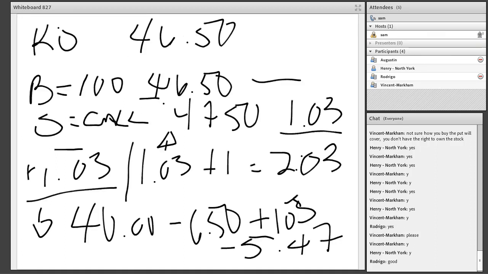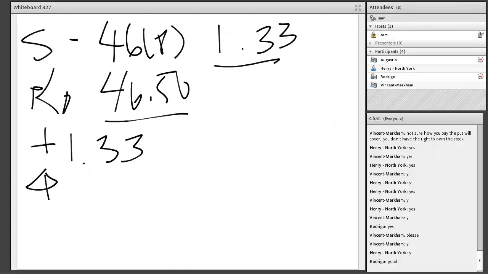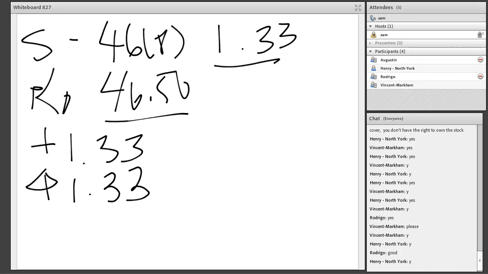If the stock goes up to 47, just like the previous scenario, where we said if it goes up to 47.50, I make 1.03 plus $1, I make 2.03, right? So if it goes up to 47.50, what do I make? I still only make $1.33.